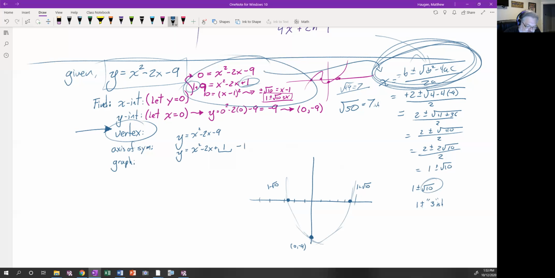So add 1 and subtract 1 means we've essentially added 0 onto this, right? We can add 0 anytime we want. Now this part factors as a perfect square because we just built it to. And then we're left with that -10.